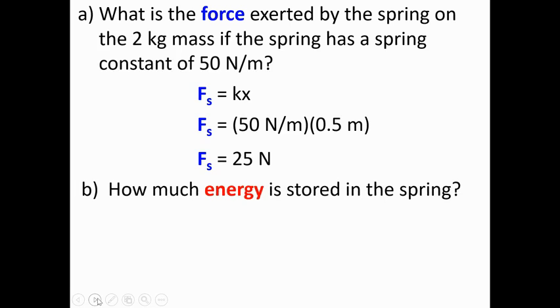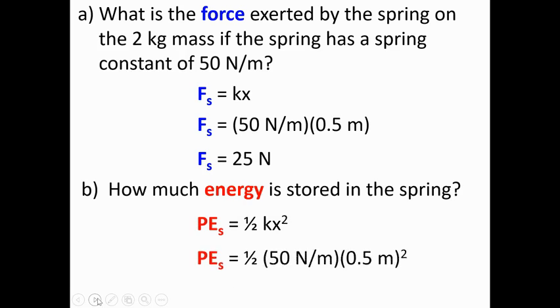Next, how much energy is stored in the spring? Well, by stretching that spring half a meter, you are storing a certain amount of elastic potential energy in the spring.